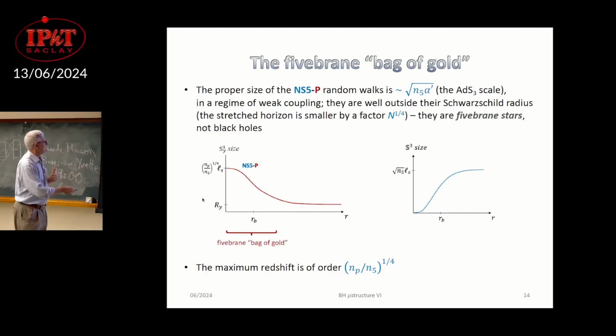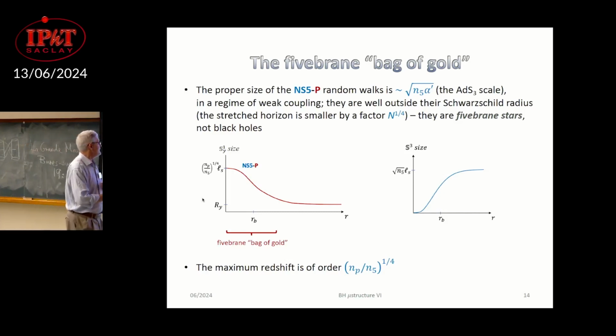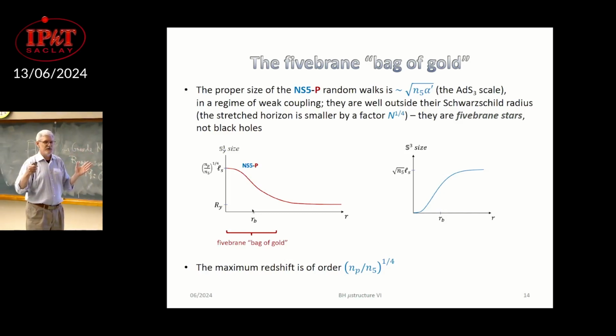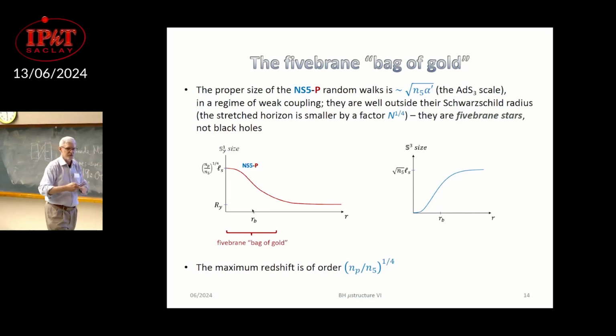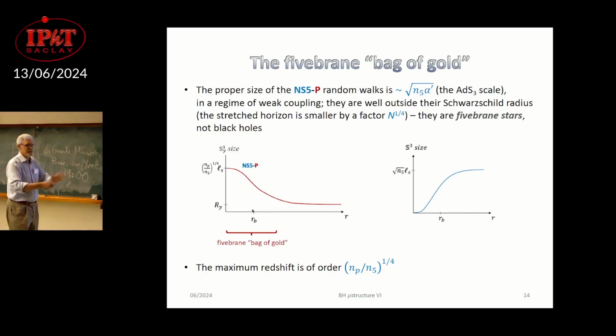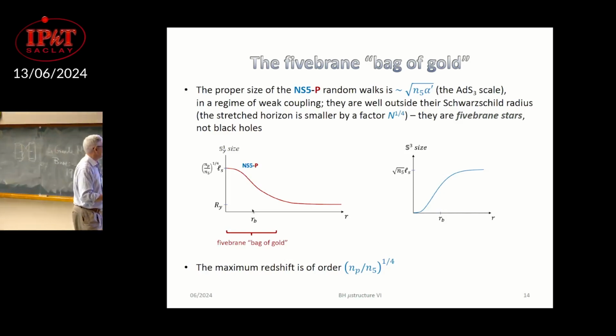The problem is that this scale R sub b is like n to the 1/4 bigger than that scale. So what this is telling you is that at least in this duality frame, these things are much, much larger than any kind of stretched horizon scale. They're well outside what you would call their Schwarzschild radius. So they really are fibrane stars and not small black holes in this duality frame. And so this is where the discussion departs from the two other talks you heard on Tuesday.